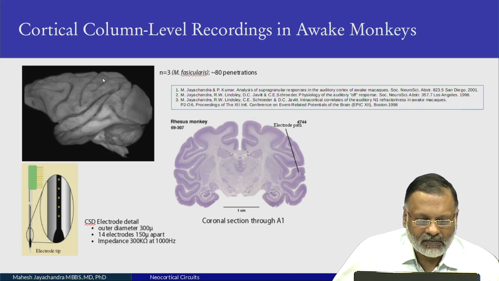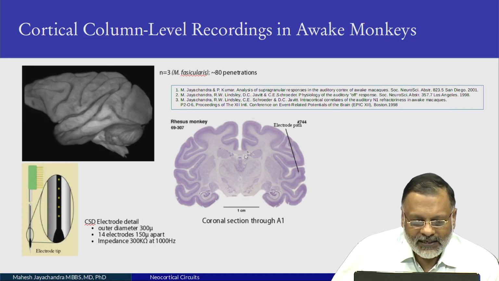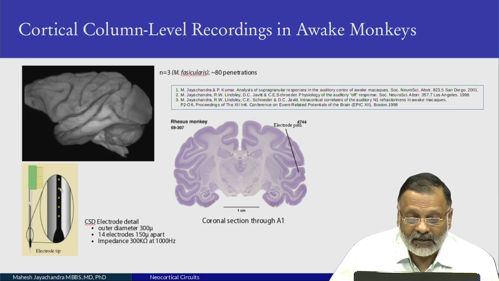Okay, Macaca fascicularis, that's the brain, and we are interested in Heschl's supratemporal plane. Inside here is the auditory cortex. So if you take a coronal section, we make the electrode, the multicontact electrode with 15 points, and we insert it stereotactically until it reaches the auditory part of the brain.